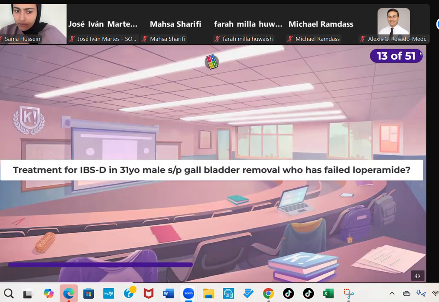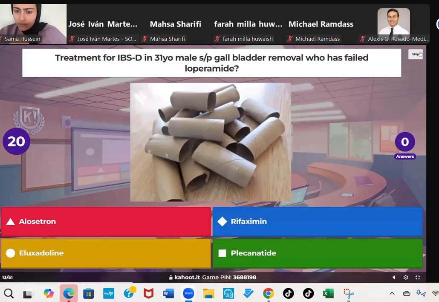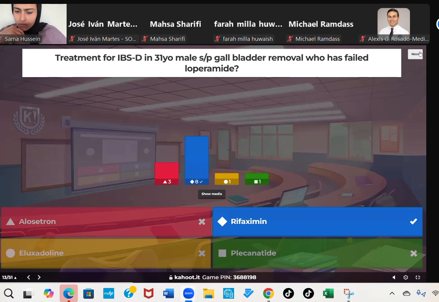Okay, treatment for IBS-D in a 31-year-old male, status post gallbladder removal who has failed loperamide: eluxadoline, rifaximin, alosetron, plecanatide. All right, so the correct answer is rifaximin. Why did you choose rifaximin?